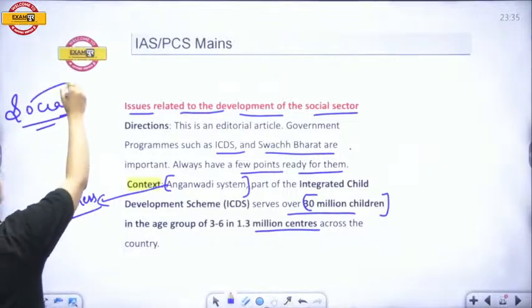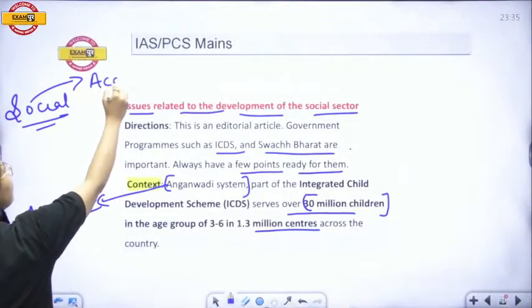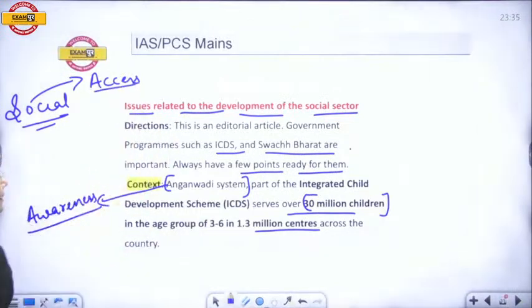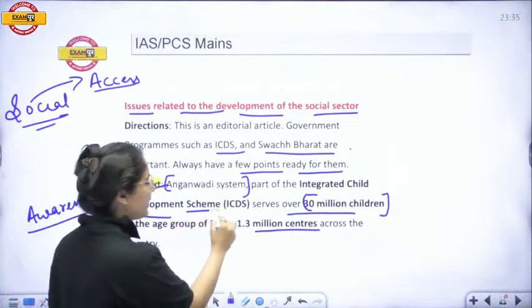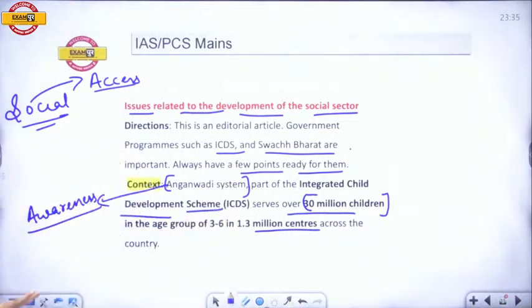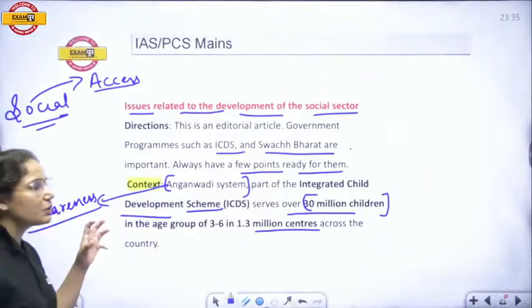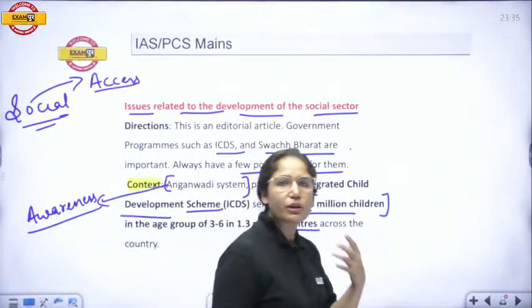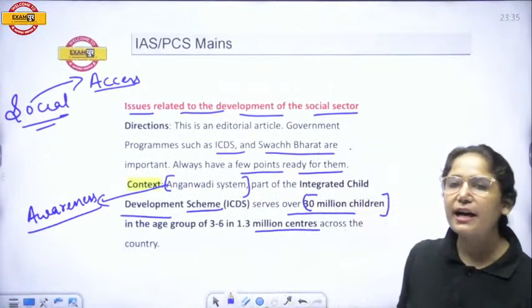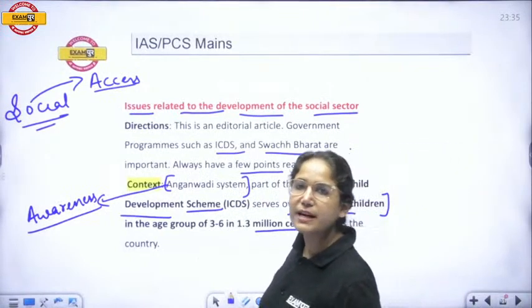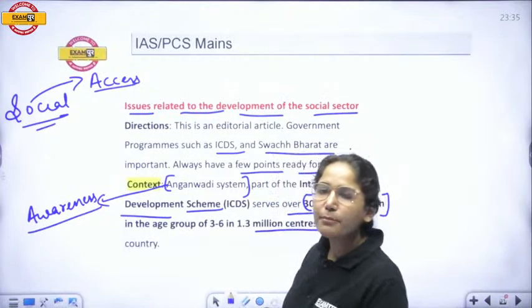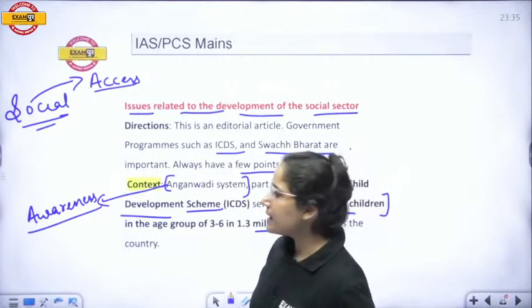And social is all about access and approach. The Integrated Child Development Scheme serves approximately 30 million, which establishes inclusivity. We are trying to reach more and more people. As we are extending on the basis of inclusivity, it means we are moving towards a developmental scenario.